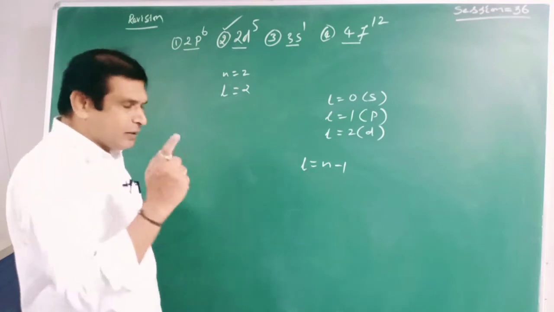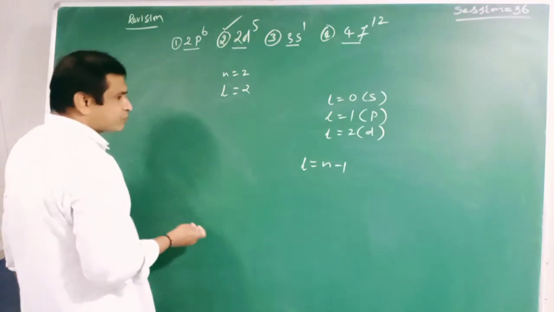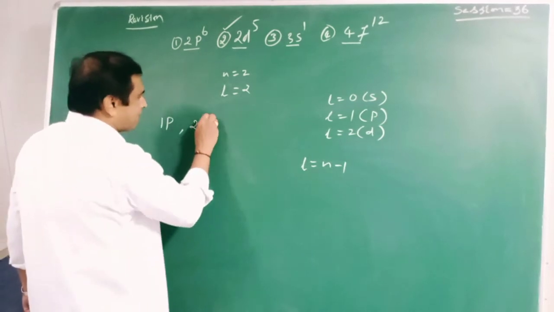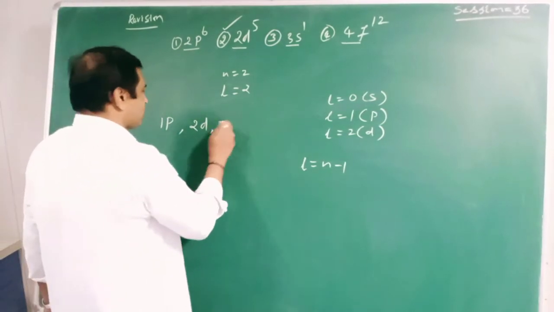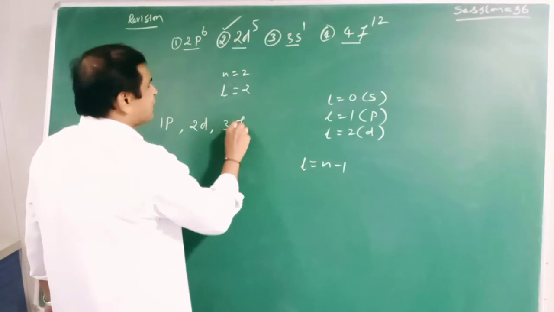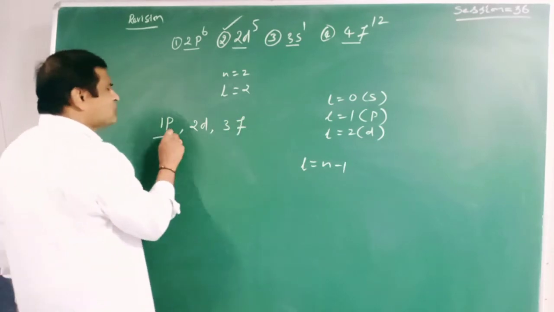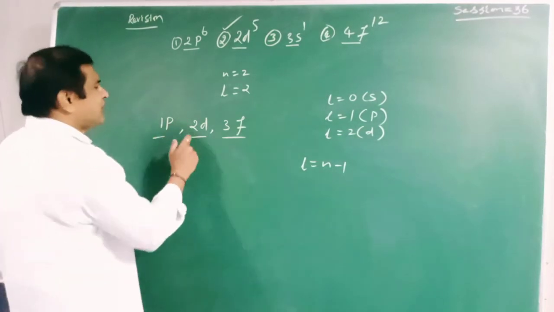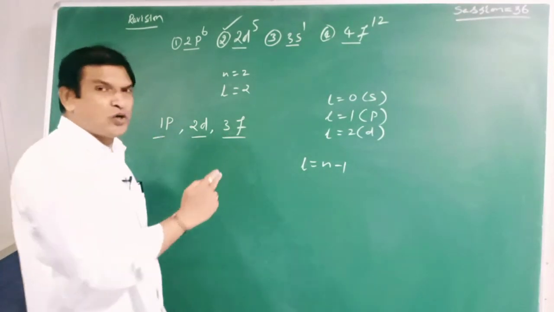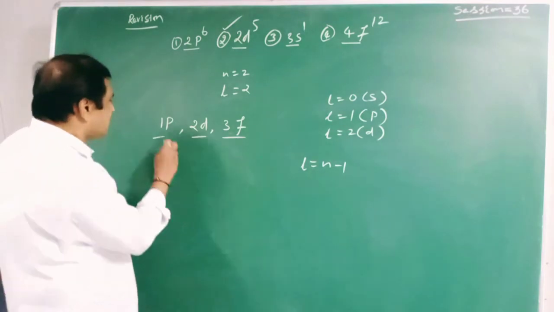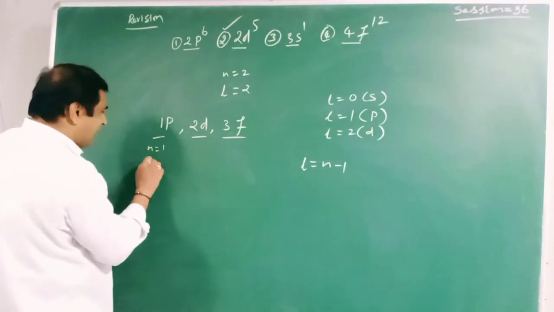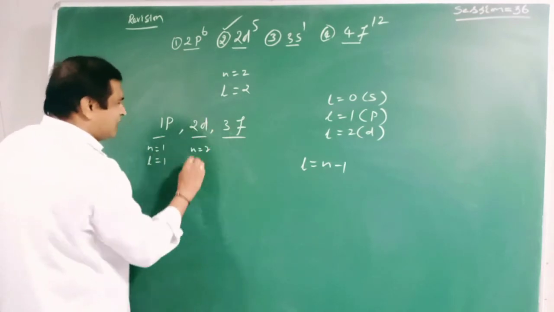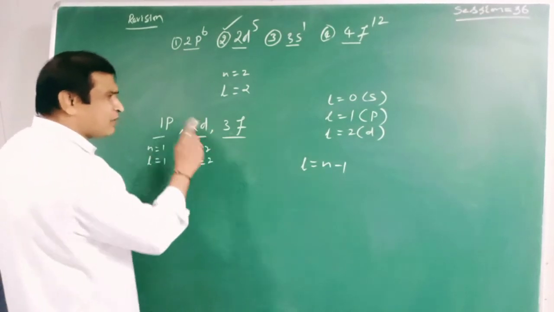Not only that one, let us observe this: 1p, 2d, 3f orbitals do not exist. Why? Because here n is 1 and l is 1. Here n is 2, l is 2.